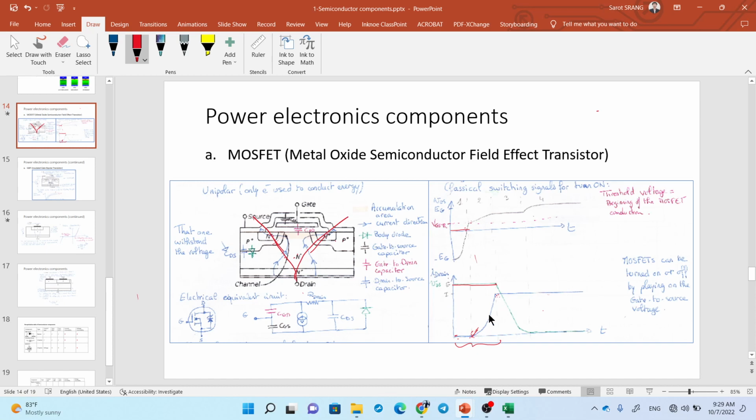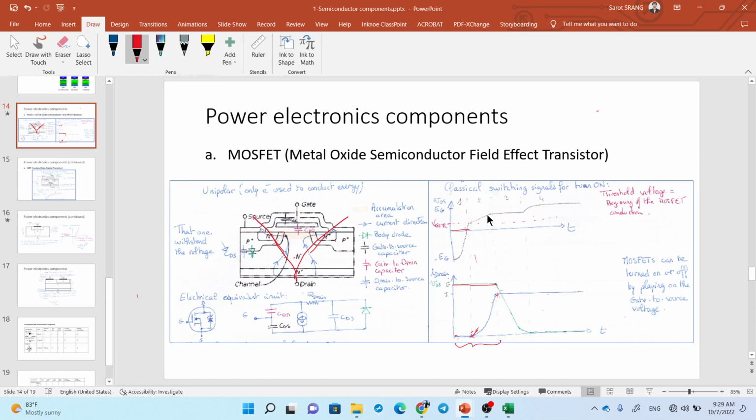It means current starts to flow, right? And until you increase the voltage more than the threshold, you can have it completely turned on. Completely turned on means you allow the current to flow at the maximum that the battery can supply, right? That's why you reach the saturation like this.